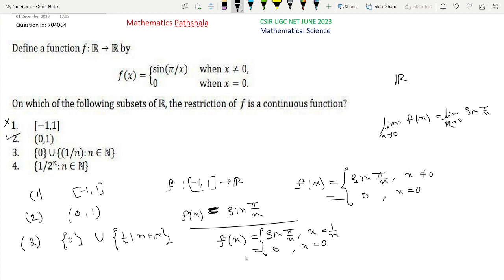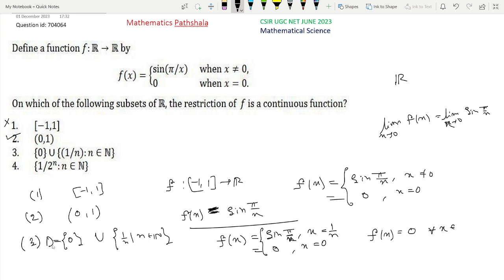When x equals 1/n, this is sin(n pi), which is 0, and at x equal to 0 it is 0. So f(x) equals 0 for all x belonging to this domain.